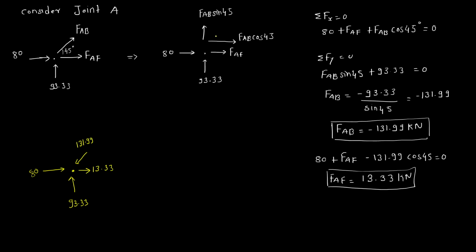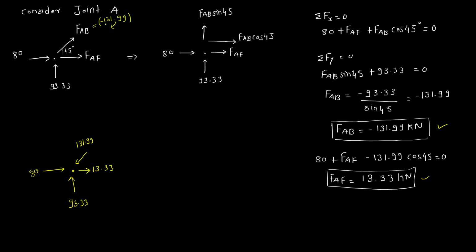Now we will apply, after resolution of forces, sigma Fx and sigma Fy is equal to 0, and after calculating it we are getting FAB as minus 131.99 and FAF as 13.33. Now just pay attention to this first diagram. Here you are getting FAB value as minus 131.99.